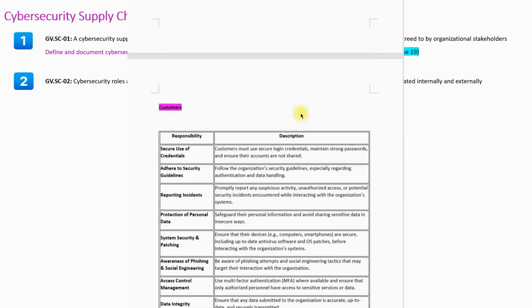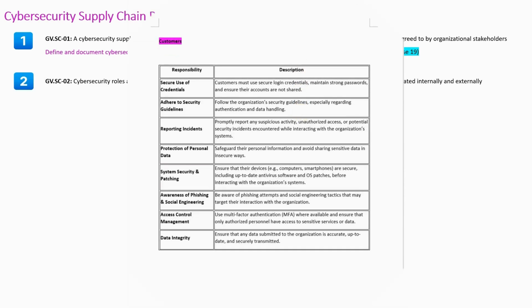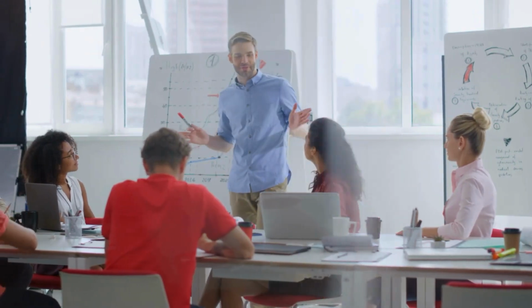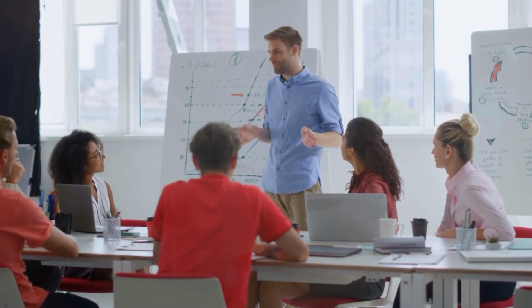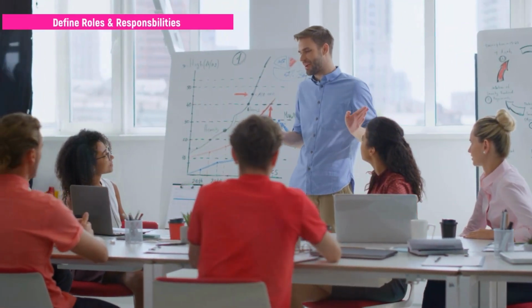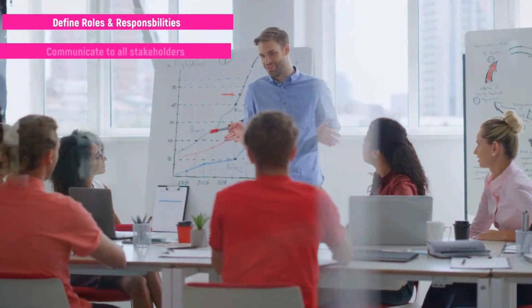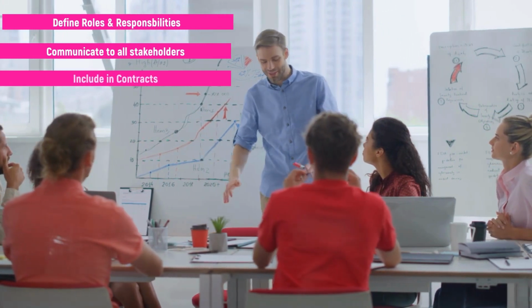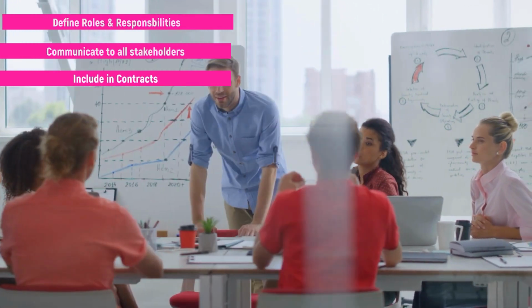The second subcategory requires that cybersecurity roles and responsibilities for suppliers, customers, and partners are established and appropriately communicated. To implement this, first define the roles and responsibilities and include them in the contract documents.